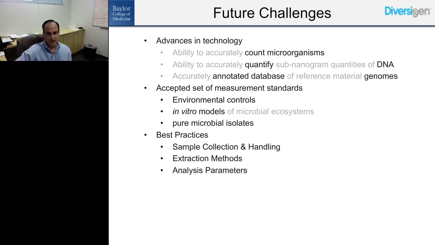We know that sample collection and handling is the greatest source of variability, so best practices on that help standardize the field study. Extraction method is, again, a lot of variability, so best practices on that. And then finally, analysis parameters, so everyone utilizes their own software tools in their pipeline. So some ability to standardize those settings.